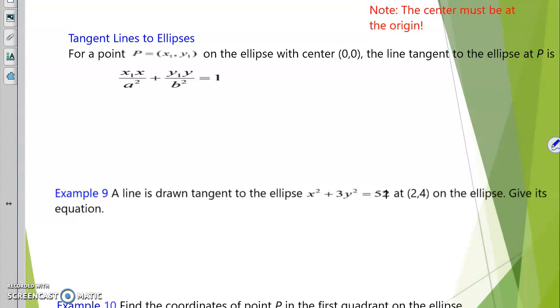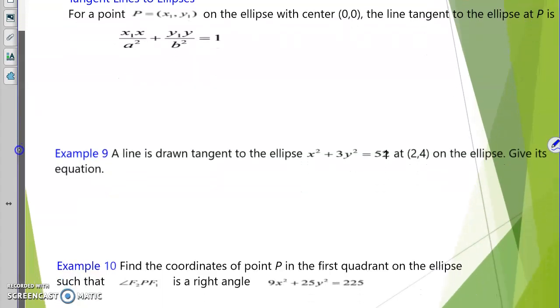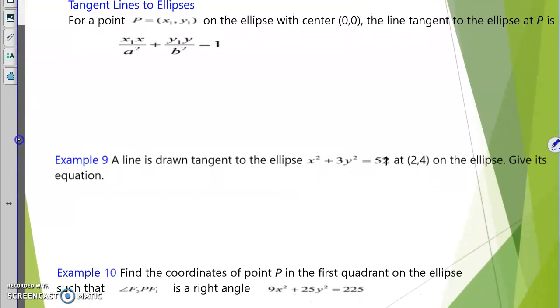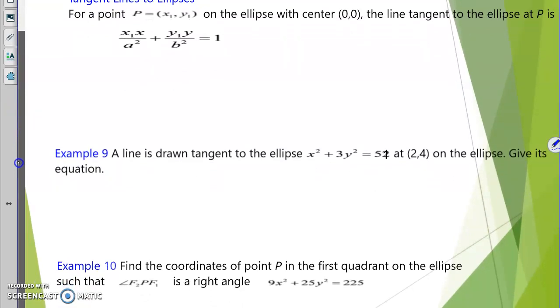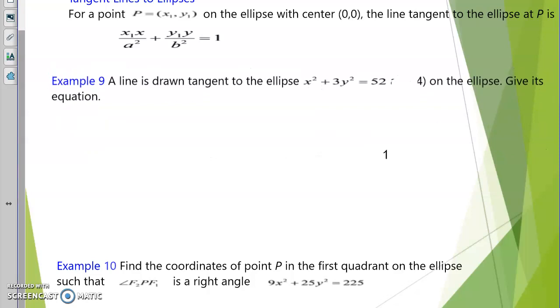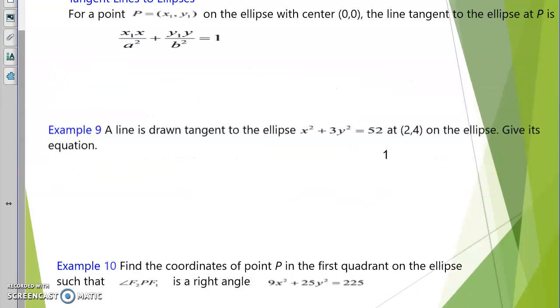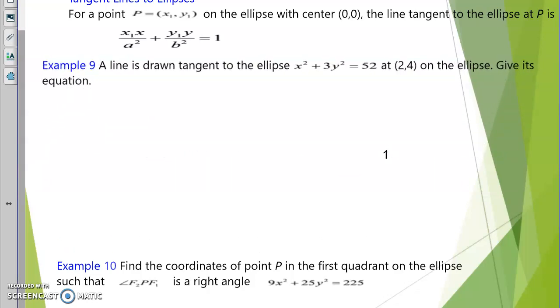And let's take a look at tangent lines to ellipses. Pause that if you need to. There's a formula. And if I want to draw a line that's tangent to this one, well, I'm going to remember that's a 1, that's for sure.